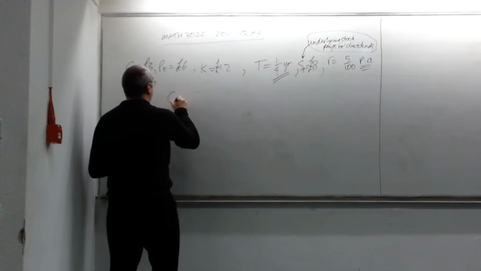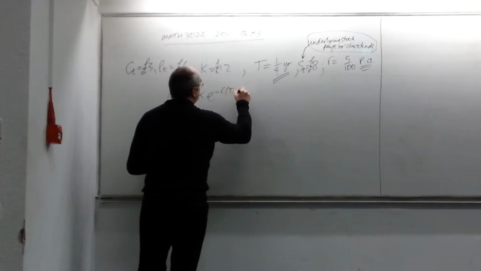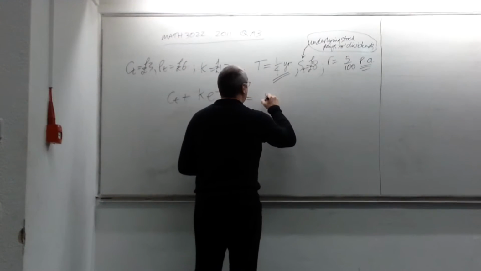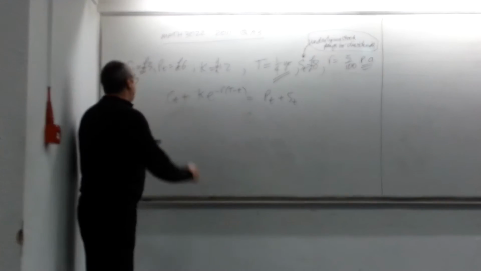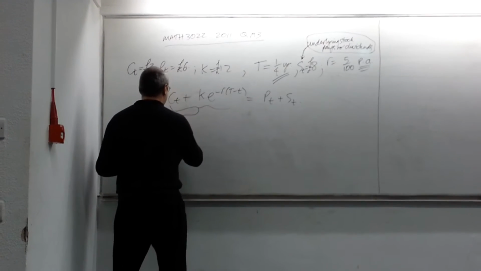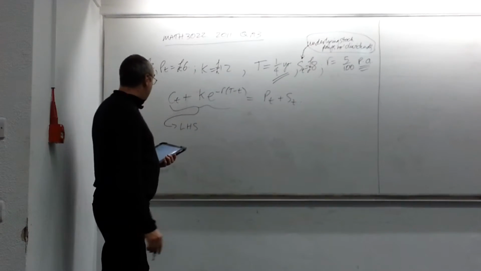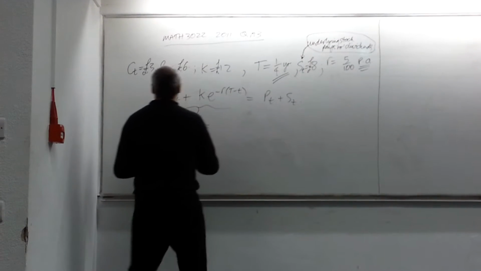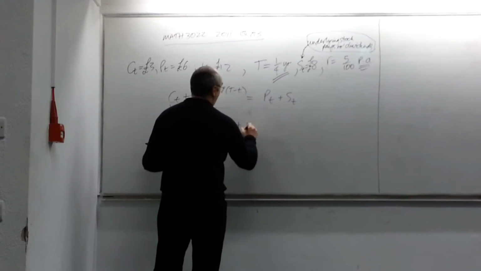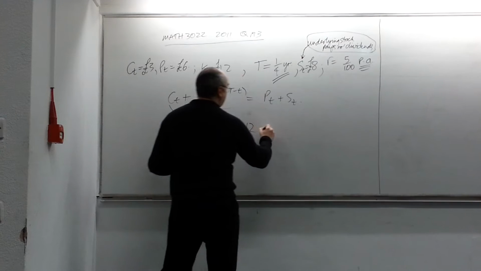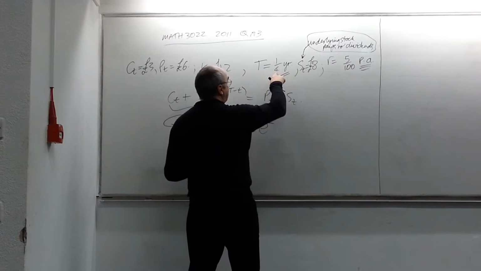So we write down the put-call parity formula, C_t plus K e to the minus r(T minus t) equals P_t plus S_t. So let's have a look at this. The left-hand side, let's put the numbers in. C_t is 3, K is 12, e to the minus r times (T minus t).